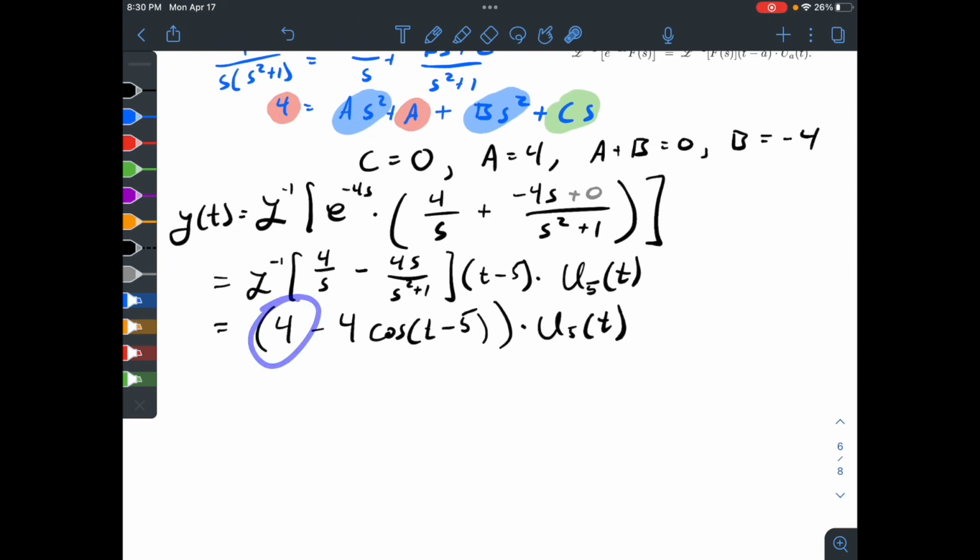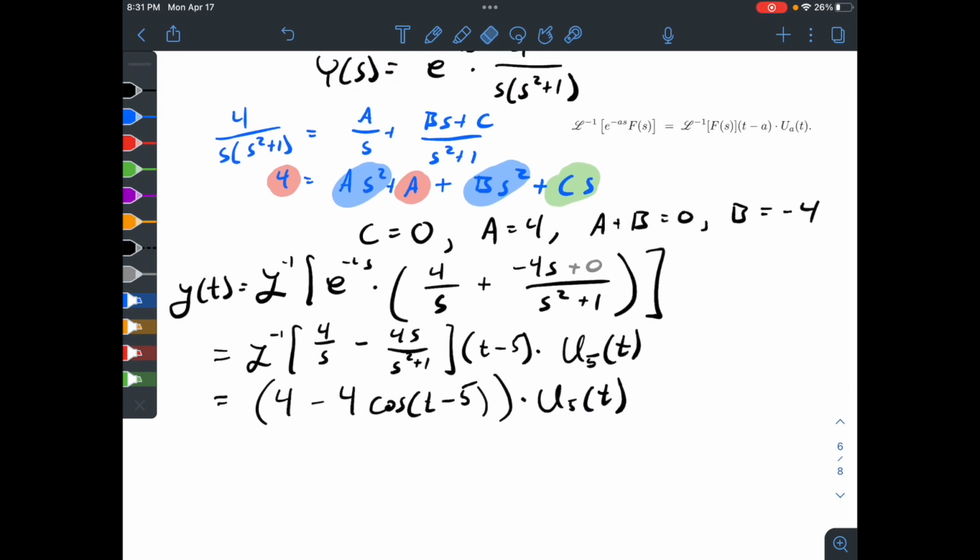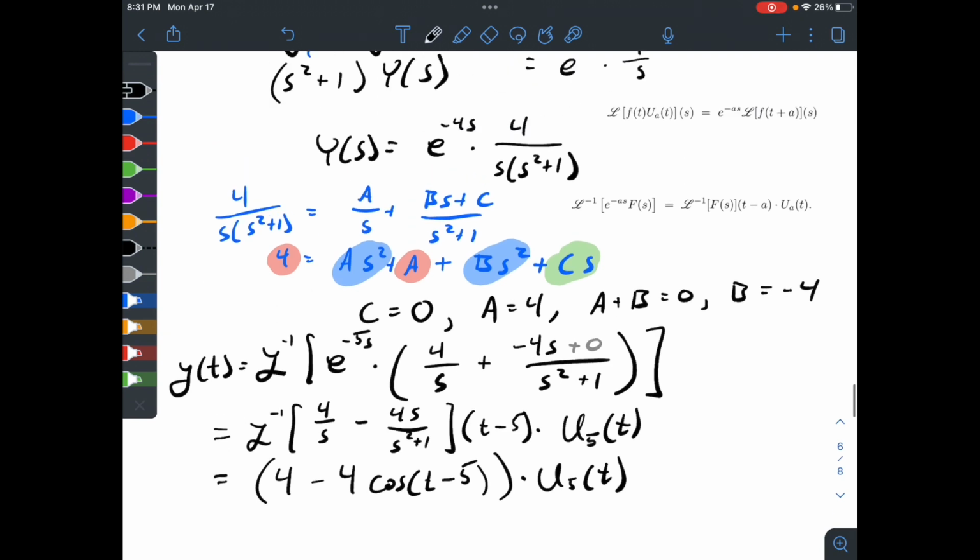Okay, so catching my train of thought, though. L inverse of 4 over s was 4, and then we're supposed to replace all of our t's with t minus 5's, but there aren't any t's to replace over there, so we don't have to do anything. In 4 times cosine of t, we do replace our t with t minus 5, and we do get this. But yeah, that should also be a 5.